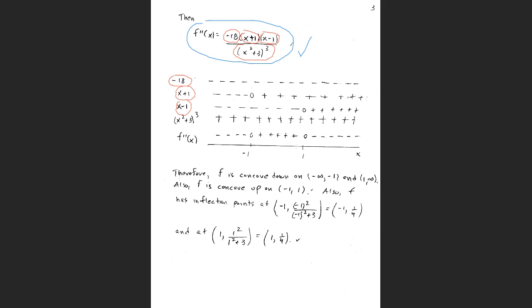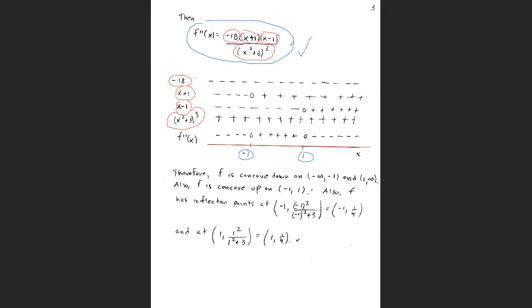And it is clear that because in the numerator you have x plus 1 times x minus 1, along the x-axis here at the bottom, I'm going to include -1 and +1 as important values. And then I just make the chart.